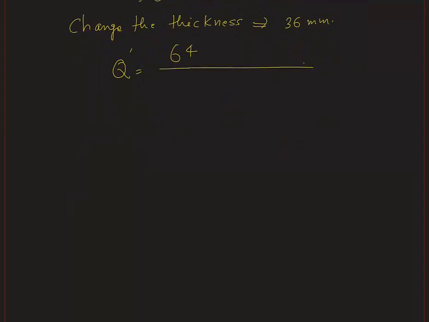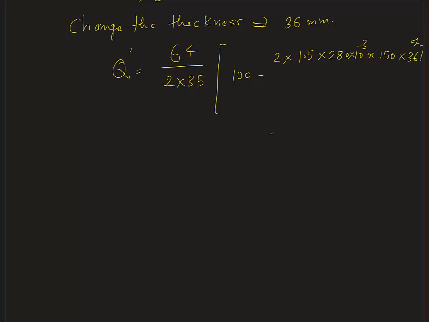64 divided by 2 into 35, then 100 minus this, all terms we have already calculated, and this is 280 into 10 to the power minus 3, 150, and there is only one difference. Now I will have 36 raised to the power 4, and the other terms will remain the same, divided by 27 into 35 into 64 whole square.